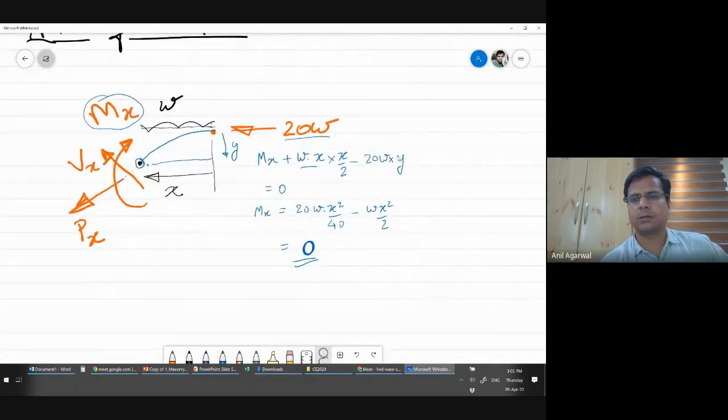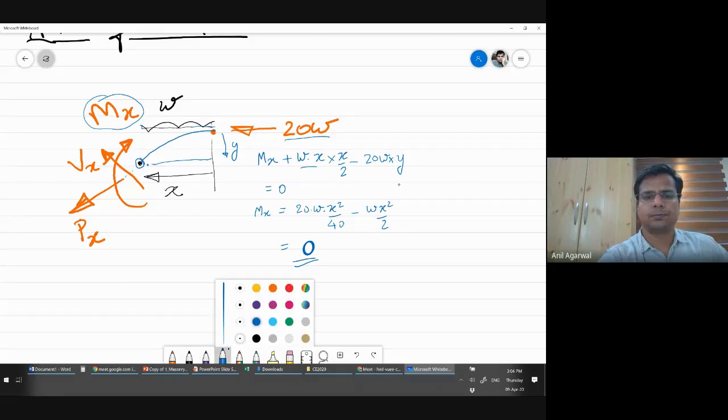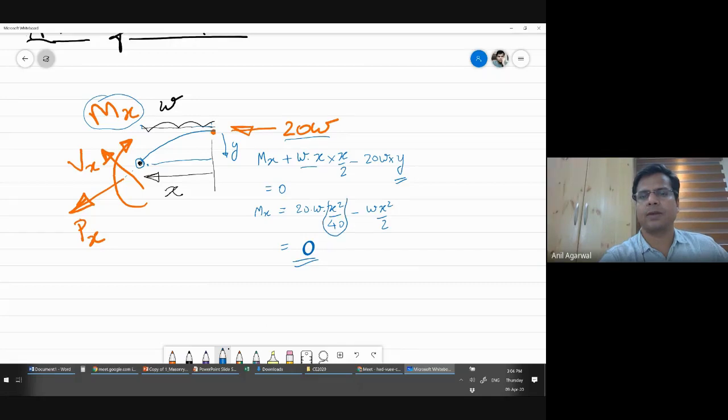This y here was following this profile of x square by 40. Only because of that we were able to get the moment 0.